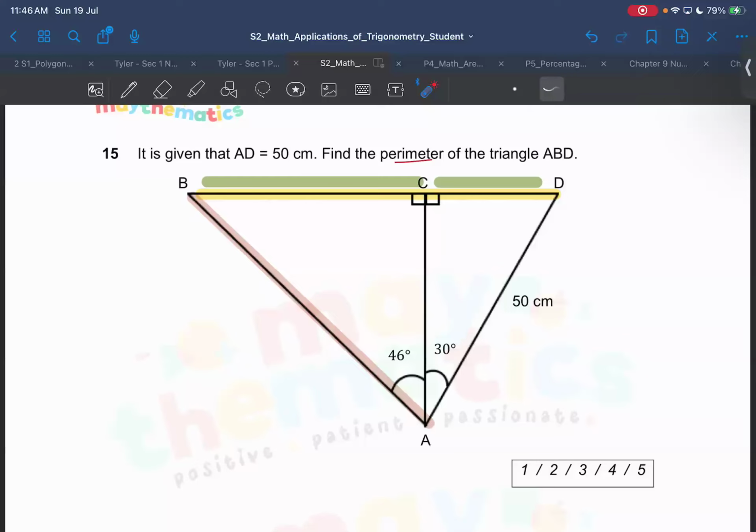It's still one triangle. It's triangle, but I can only use trigo if it's right angle. So this one is the angle, and then this one will be my H. Then this is O. So sine. Sine 30 equals to CD over 50. Find CD.